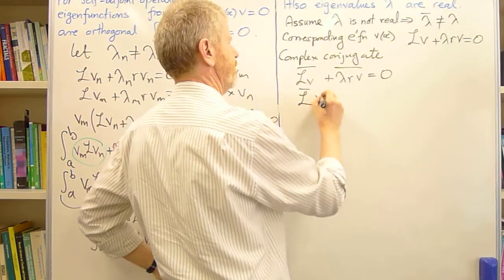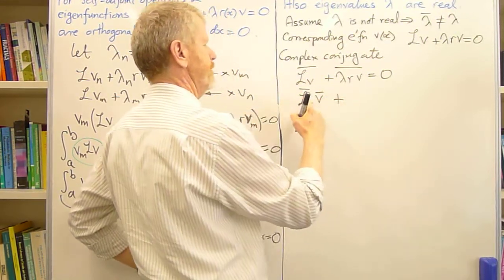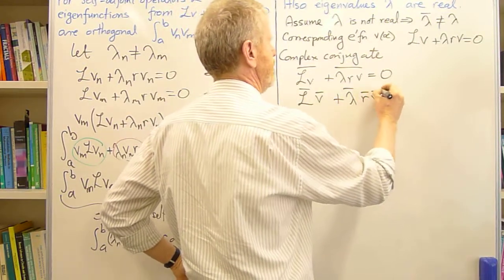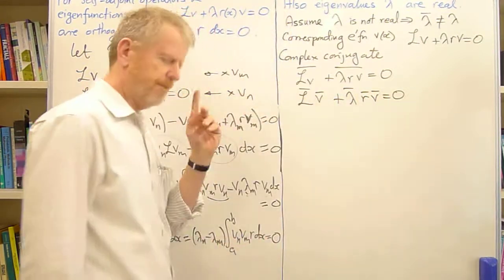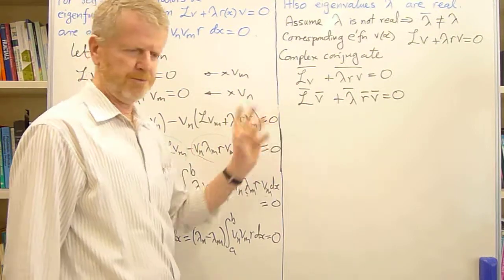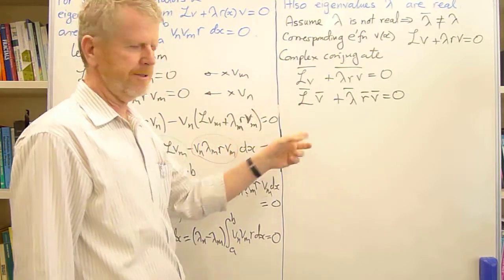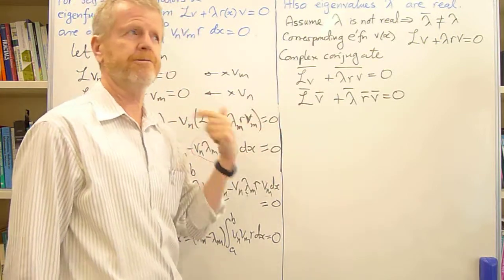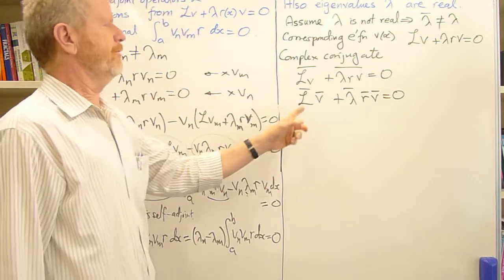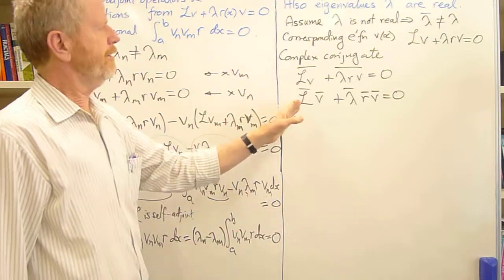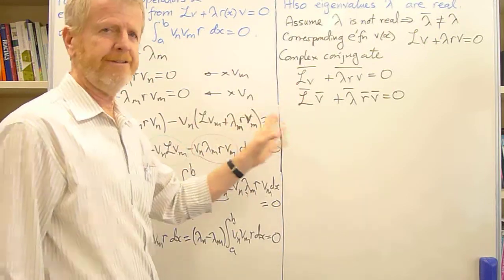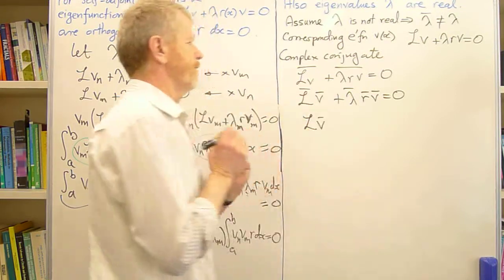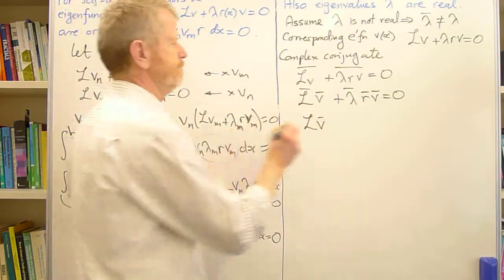So we can write formally this, L bar operating V bar plus lambda bar R bar V bar is equal to 0. But now recollect in the Sturm-Liouville problems, we required L be real, in that the functions P of x were real, Q of x was real, and also d by dx is real. So that means the complex conjugate of L is itself L. So this term is just L v bar.